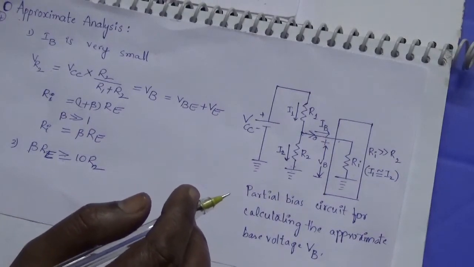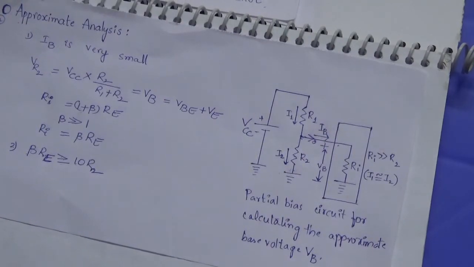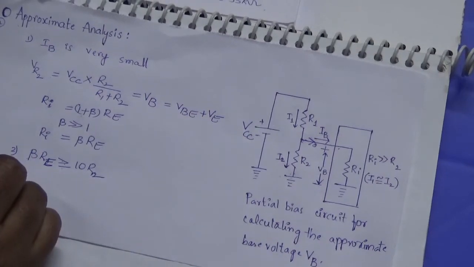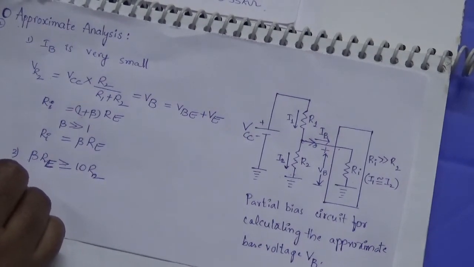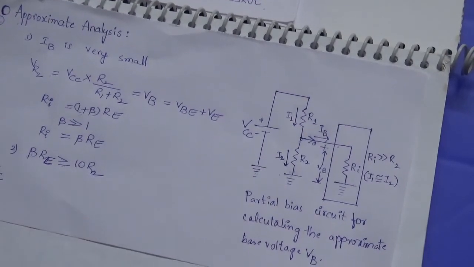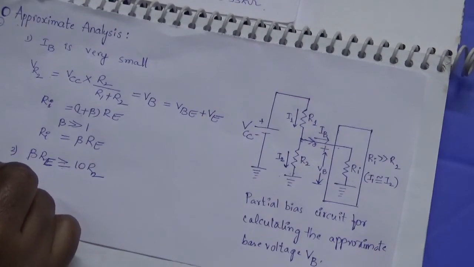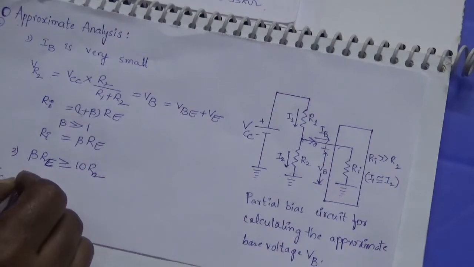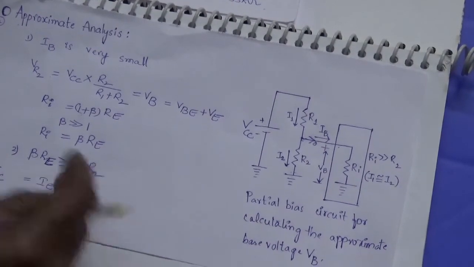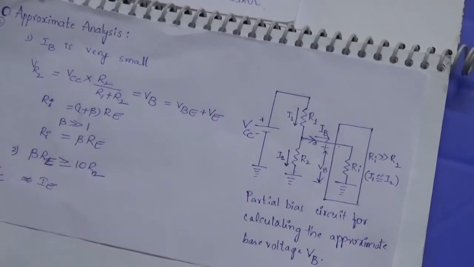Next, here the operating point should be IC. To find IC, generally we would calculate beta IB. But we do not know IB; we assumed IB is 0. So how do we calculate IC? If we find IE, then we can find IC, because IC is approximately equal to IE.